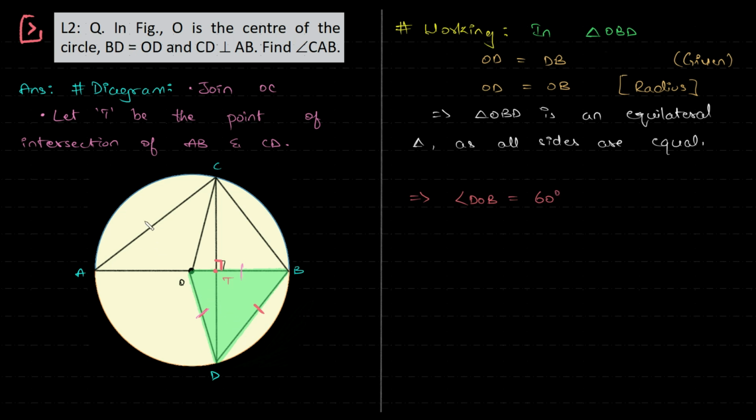Okay, how will we make use of this? So this is 60, that's good. How will we make use of this? See, if I have to figure out, let me go to the main thing now. If I have to figure out angle ACB, this particular angle, what should I consider? Well, I should consider this, is it not?